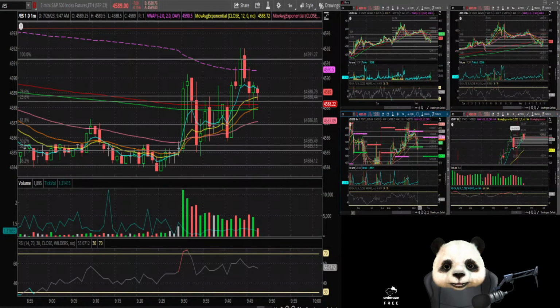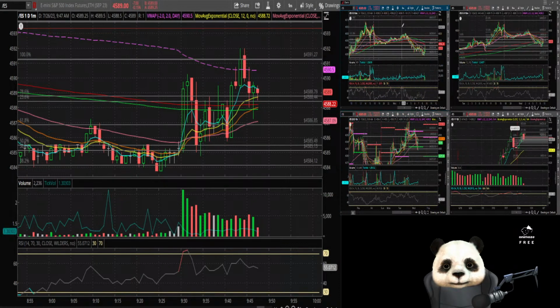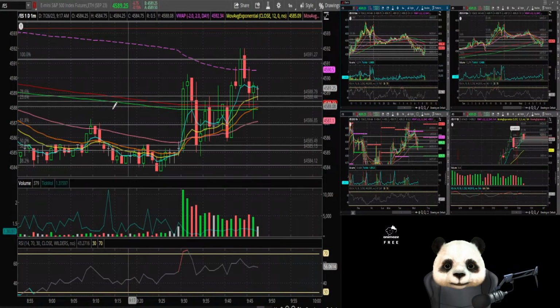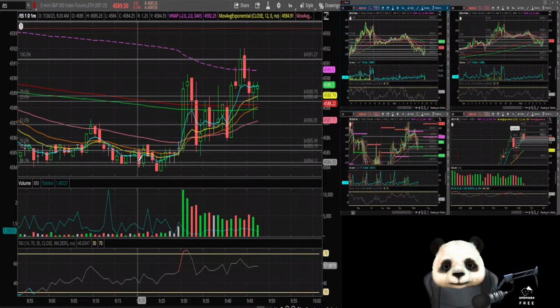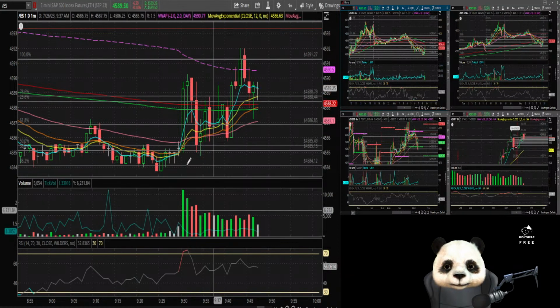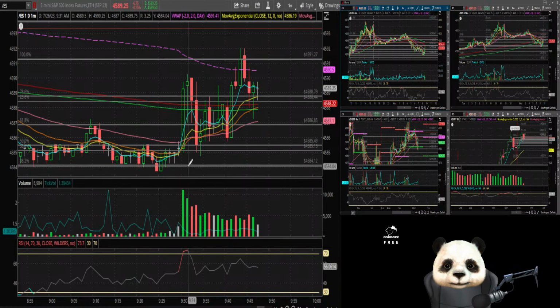All right, I know I gotta clear some of these Fibonacci levels out. Let's see here. Which ones are we respecting the most? I want to say this one.